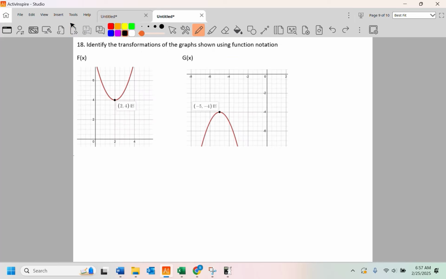All right, 2 to go. This is going to be a tough one. Identify the transformations of the graph shown using function notation. So f of x became g of x. Well, what happened? First off, it was flipped, and it was more than flipped too. And I know it's hard to see because I didn't quite give you the points here.